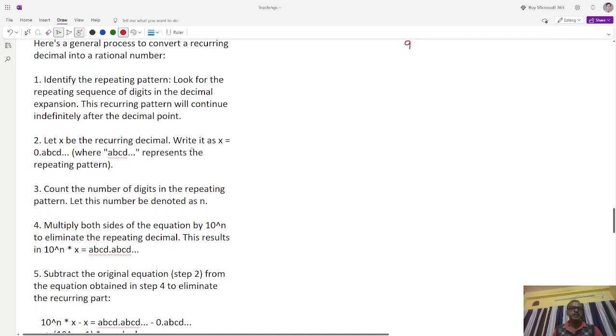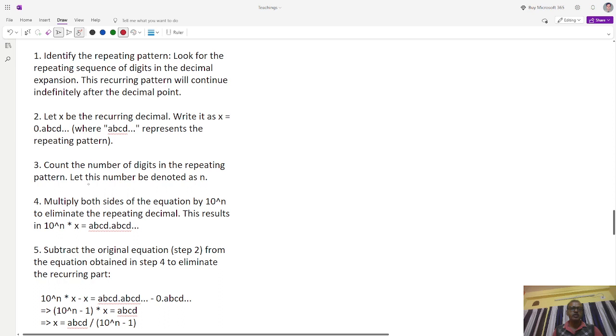Write it as x equal to 0.ABCD repeating, where ABCD represents the repeating pattern. Count the number of digits in the repeating pattern. Let this number be denoted as n. Here ABCD is repeating, so the number of digits is 4. So here n equals 4.